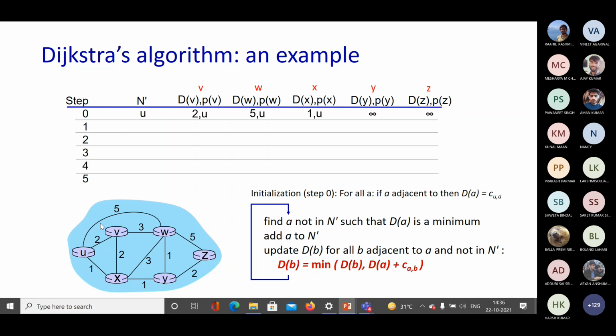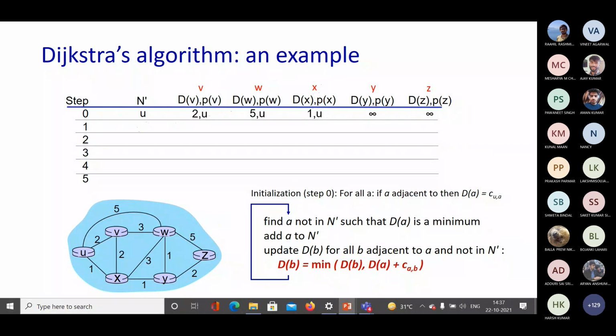So you choose the direct edged one, and you put it as 5 comma U. X also has a directly connected edge with cost 1, and you put it here. All the other nodes which are not directly connected to U are given the cost of infinity. We have already seen that. So this is the initial step.